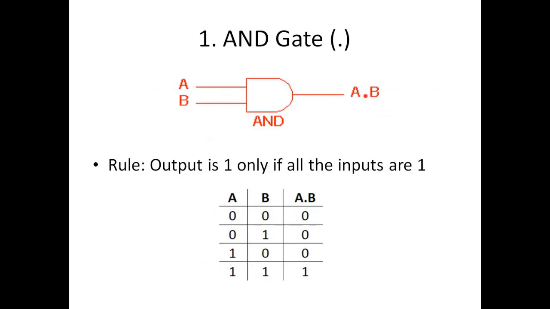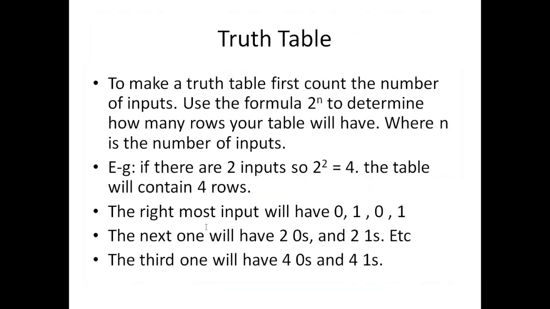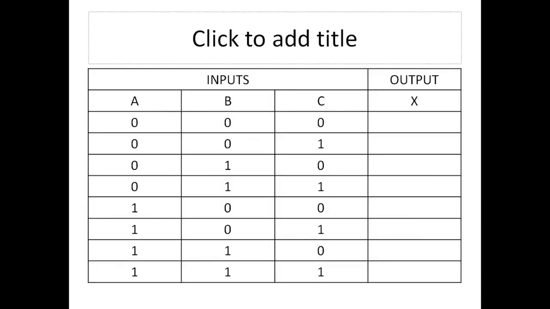And if we had 3 inputs, then the table would look something like this: 1 2 3 4 5 6 7 8, because 2 raised to power 3 is 8. Now how do you fill the inputs? The rightmost input will have values 0 1 0 1 0 1 0 1, like this.